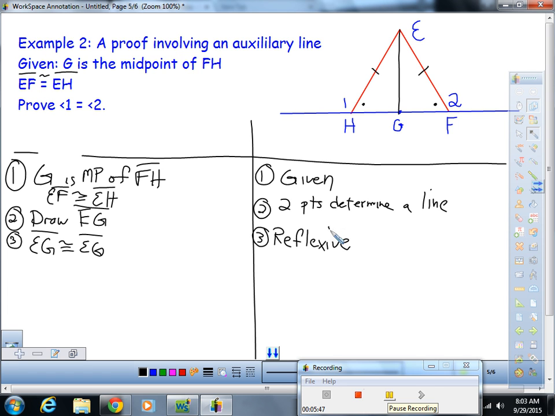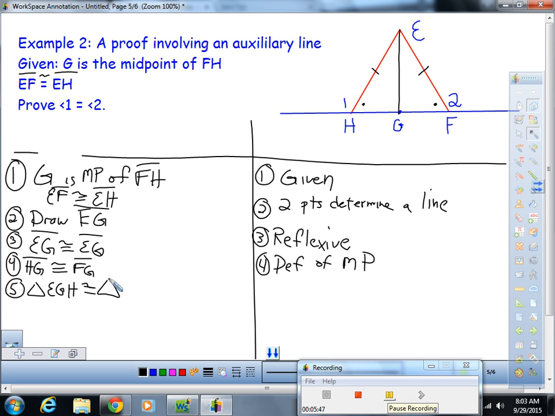Okay. Oh, G is the midpoint. So HG is congruent to FG. By definition of midpoint. And now we have triangle EGH is congruent to triangle EGF by side, side, side.